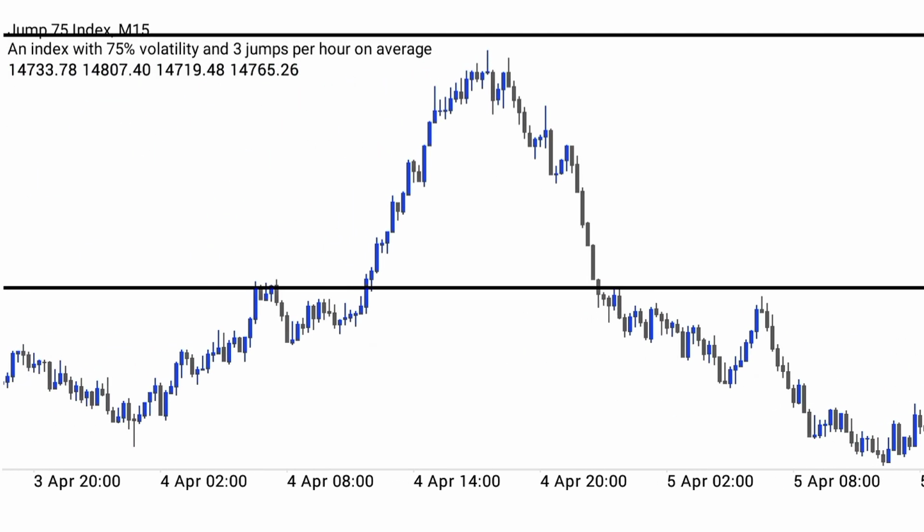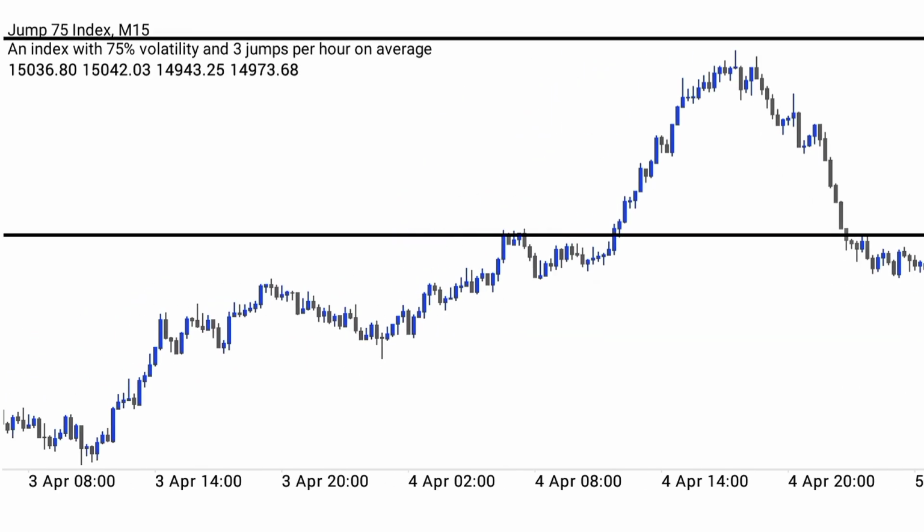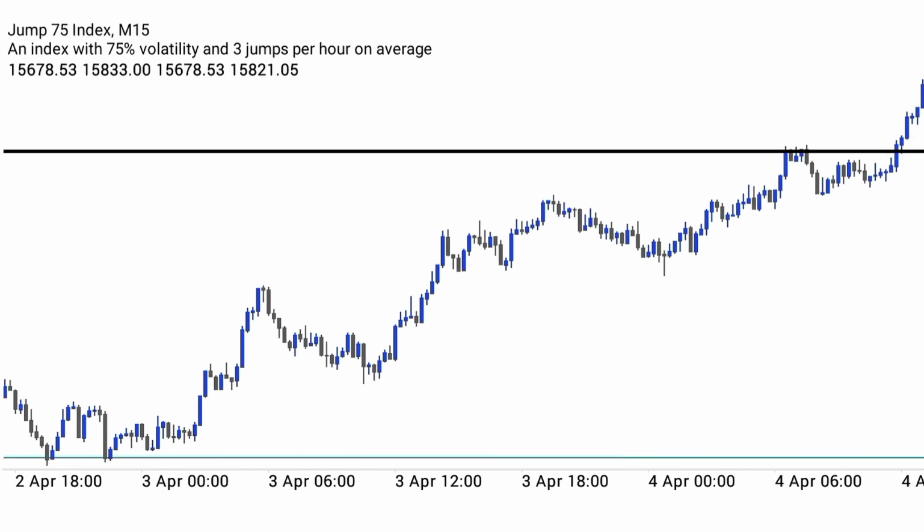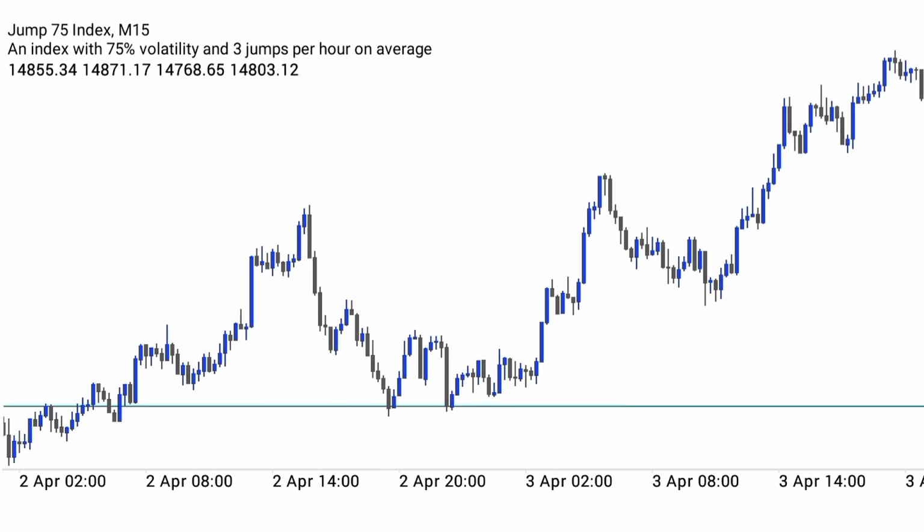Now, sometimes this jump can make a lot of unexpected price movement. Sometimes you can see the trade moving only a little, and before you know it, it spikes. And when it spikes, it gives a lot of profits. That's why I like it. But it's not like Boom.